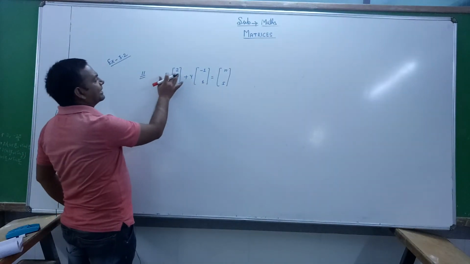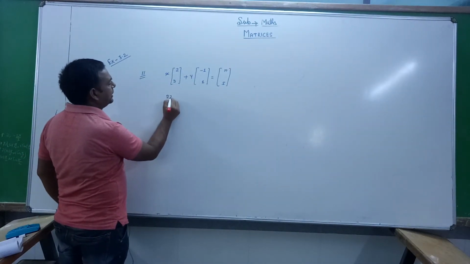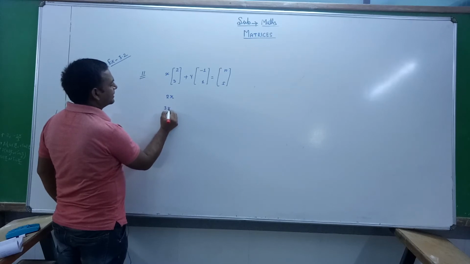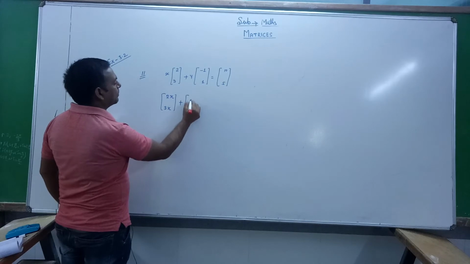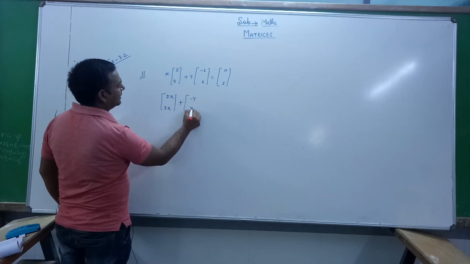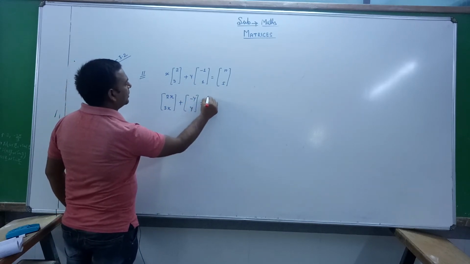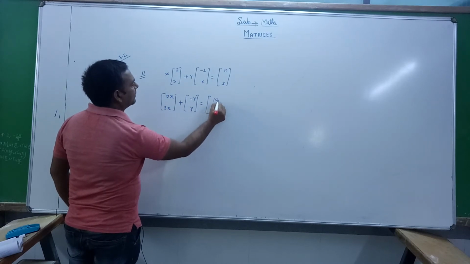You multiply this x in that matrix, so that is 2x, 3x, then plus minus y, and that is y. It is equal to 10 and 5.